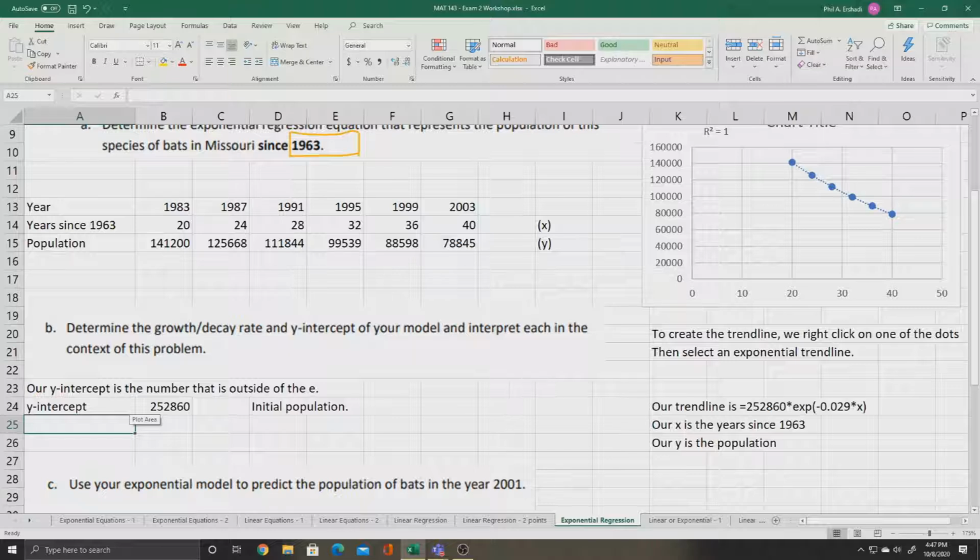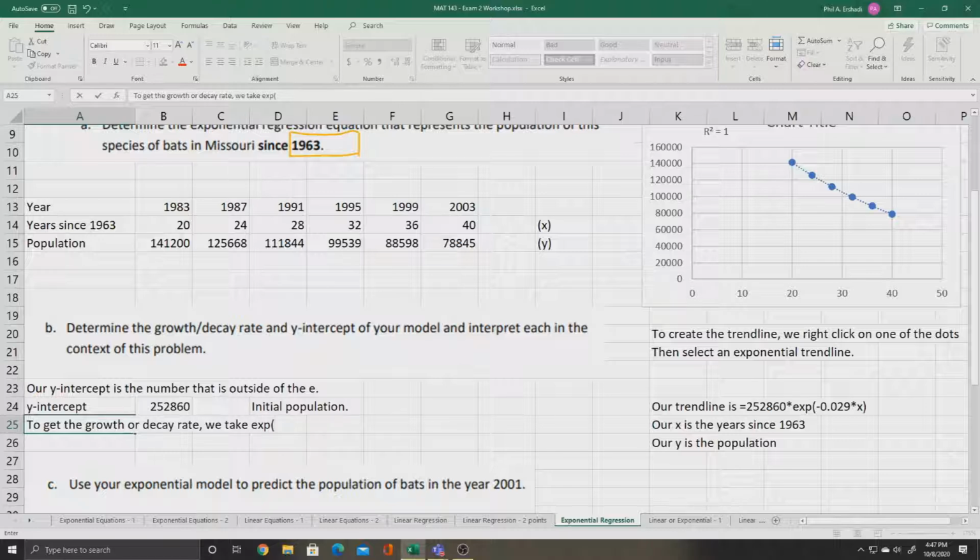Now, we have to do a little bit of math to get the growth or decay rate. To get the growth or decay rate, we take exp of the number that is next to x, and then after that subtract 1.